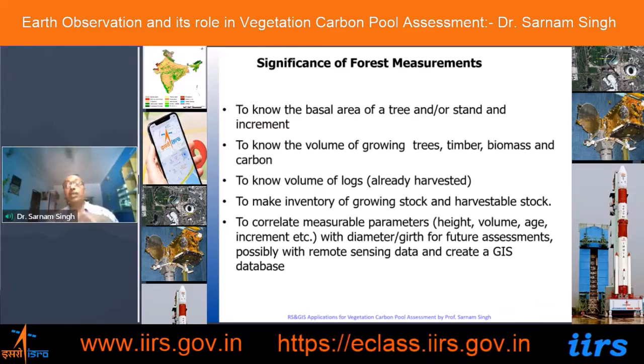If I know even the canopy diameter, the tree canopy, if I know the canopy perimeter or dimension, I can correlate it with the tree diameter, let us say DBH. So the DBH, diameter at breast height, is very important. If I know the diameter at breast height, I can do many different kinds of assessments.